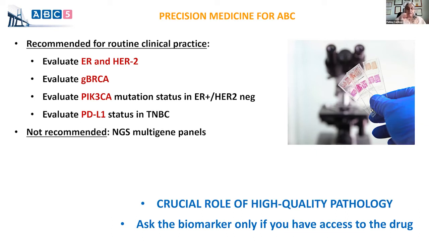And another alteration, this one by immunohistochemistry, that is PD-L1, important for immunotherapy. And maybe next year or in 2 years, I will be putting here another one, the mutation of the estrogen receptor, because of a new class of agents that is coming that I will explain in the last part of my talk.